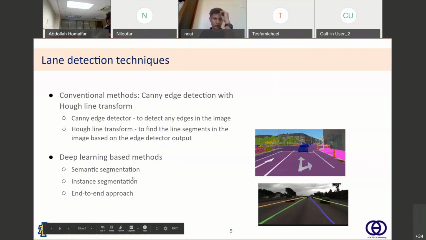In semantic segmentation, as you can see in this figure, the lane lines are, in this case, colored white. All the pixels that belong to the lane boundary must be labeled like this.